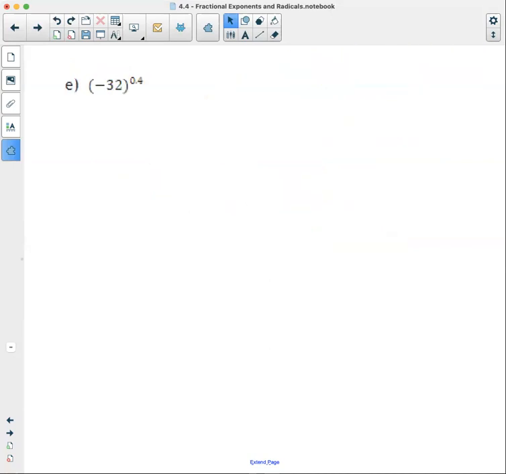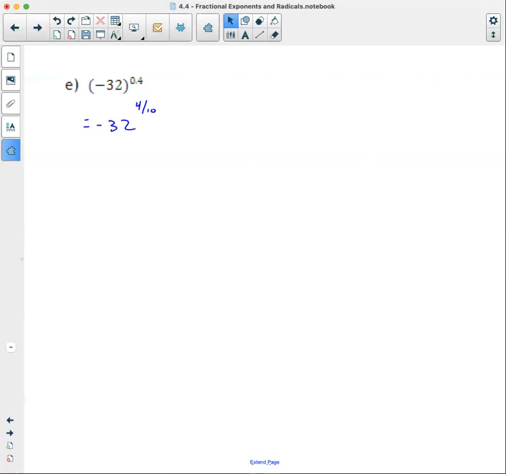All right, so we have a decimal exponent now, so 0.4, so 4/10. So let's go ahead and change that into a fraction. Okay, so that equals negative 32 to 4/10.